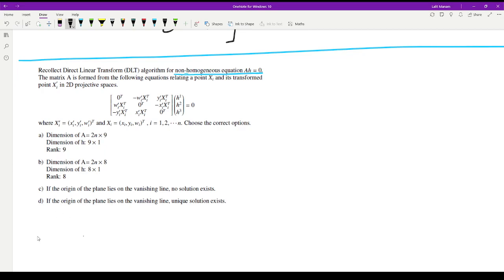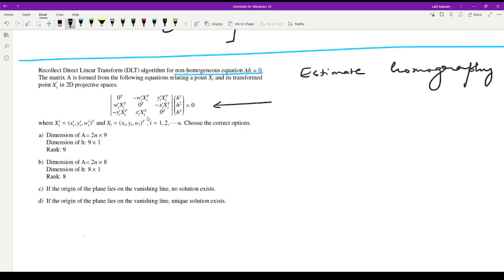So we are given that matrix A is formed from the following set of equations. Can anyone tell how these equations came up? What is the question? We are trying to estimate homography.